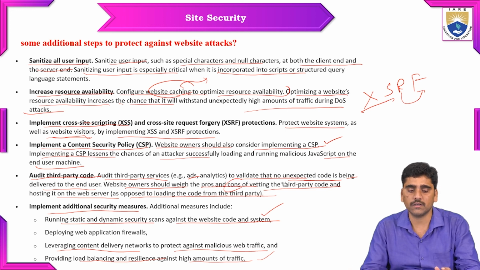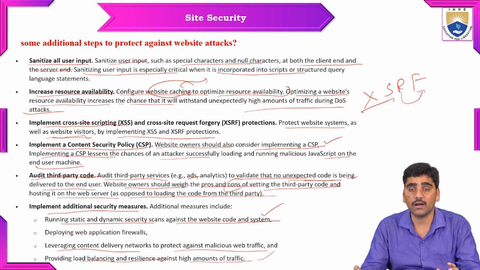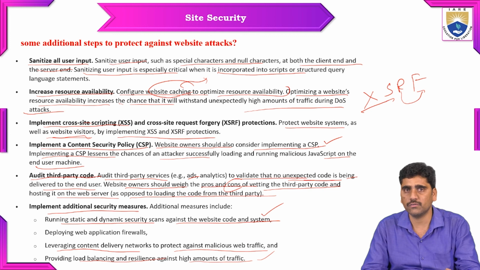So what are those things? First, sanitize all user input. Users should not be able to supply special characters or null characters that increase resource usage. A lot of users search for a lot of information, which increases the load on the websites. We also have to implement cross-site scripting and cross-site request forgery protections, and implement a content security policy.